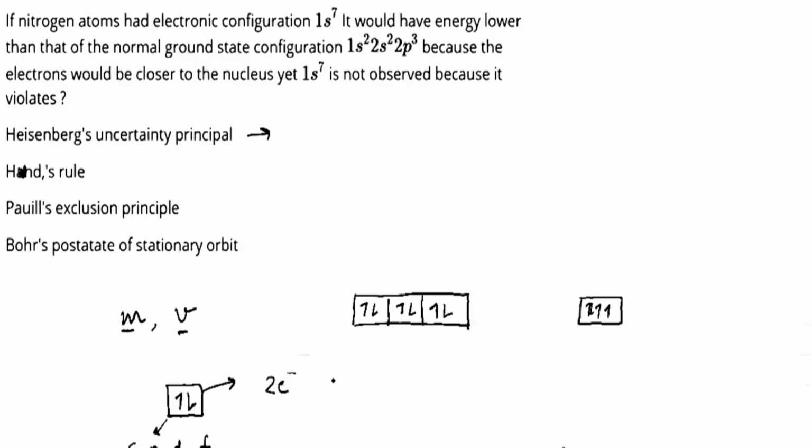So Pauli's exclusion principle is violated here, and it is the correct option for this question. We cannot fill all the 7 electrons in the s orbital, and thus we need to fill 2 electrons in 1s, 2s, and 2p.